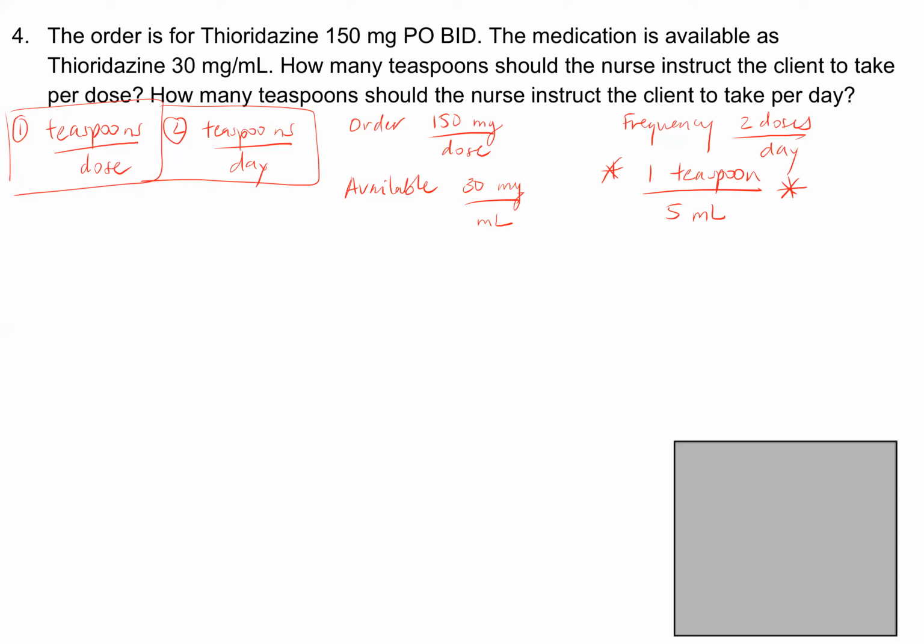So let's go ahead and approach this question with order times available. And we have 150 milligrams per dose. You want milligram units to cancel.